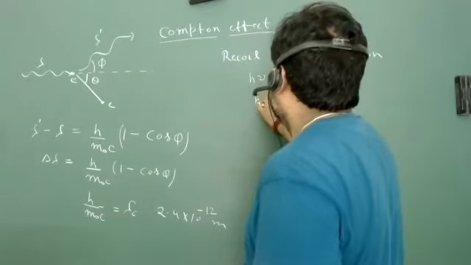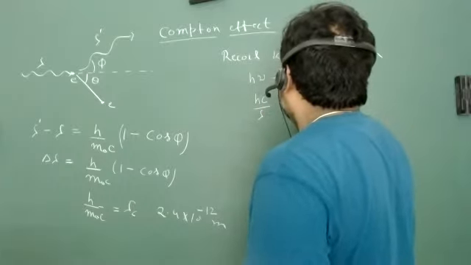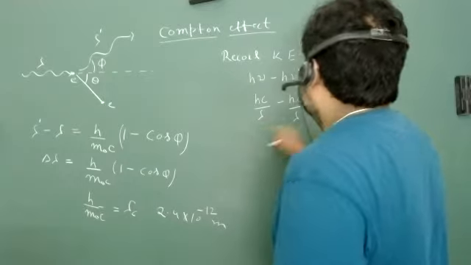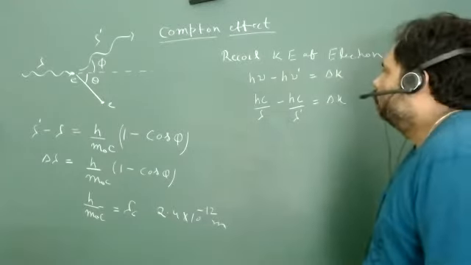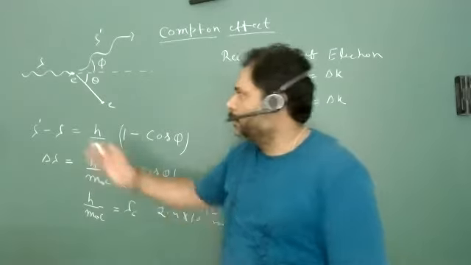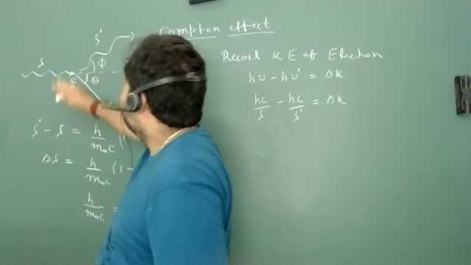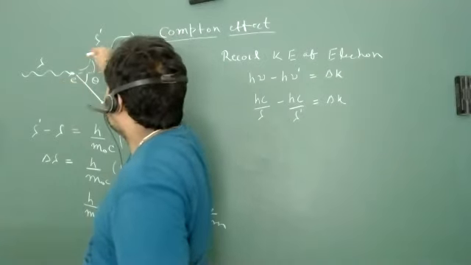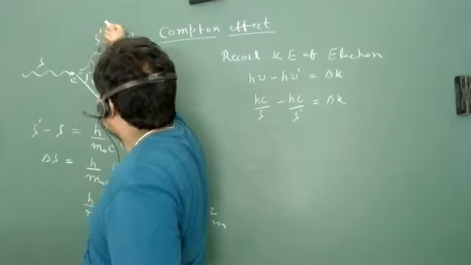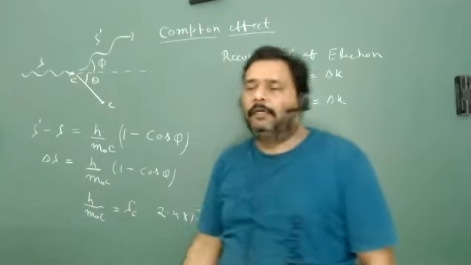So hc upon lambda minus hc upon lambda dash is equal to delta k. So this will be the recoil kinetic energy, and all the energy associated with the incoming wave will be divided into exactly two parts. The first part goes to the scattered wave, which has a different wavelength, so a different energy, and the other gives the kinetic energy of the electron.